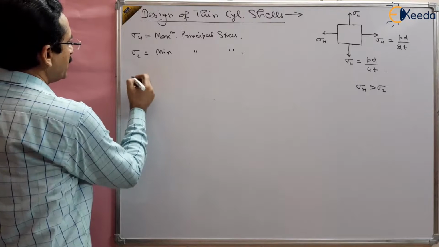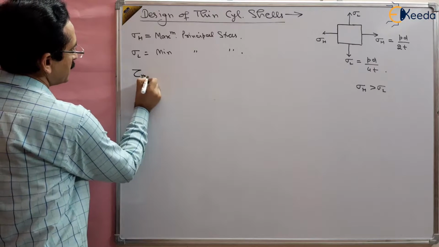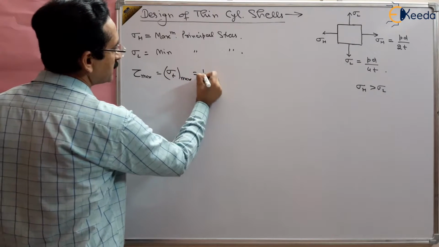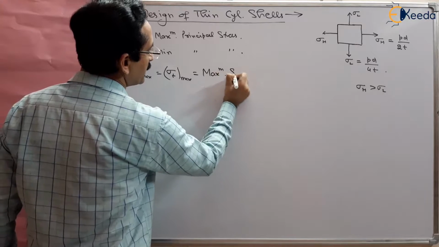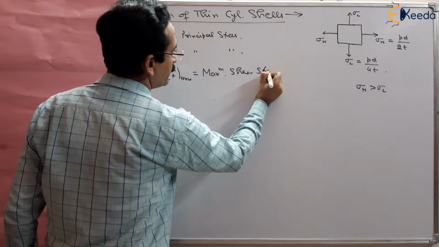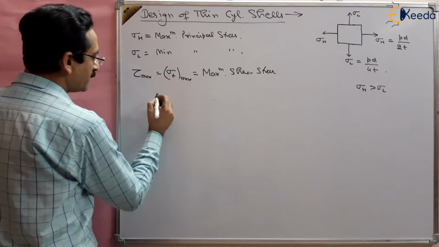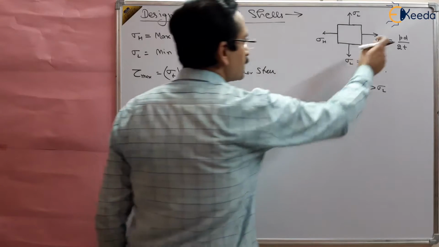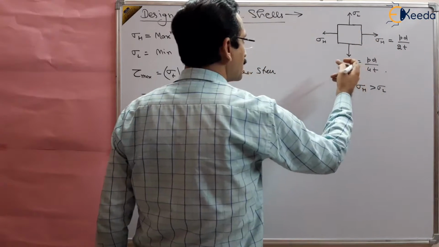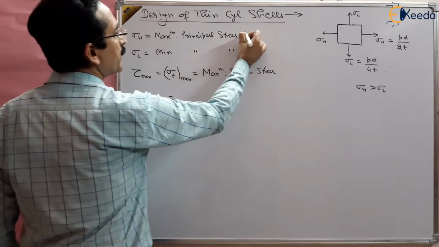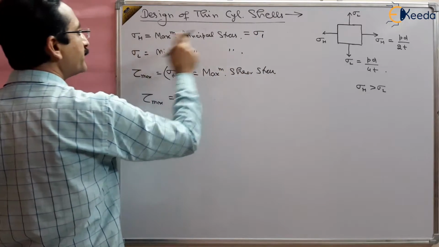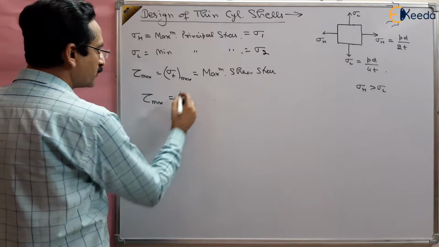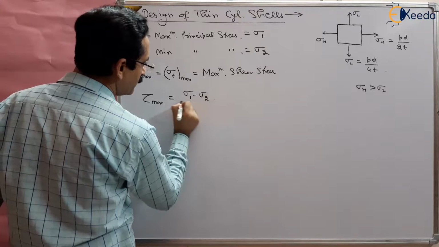And what will be tau max, or the maximum shear stress? Tau max, that is the maximum shear stress at any plane, is given by sigma h minus sigma L by 2, right? Sigma h is also called sigma 1 because we denote principal stresses by sigma 1 and sigma 2, and tau max is sigma 1 minus sigma 2 by 2.